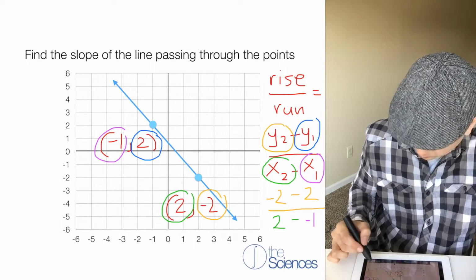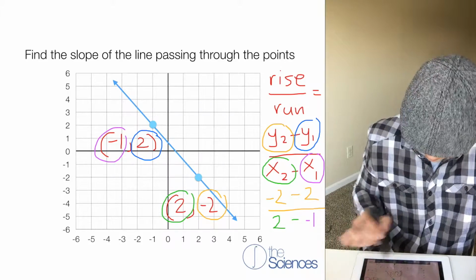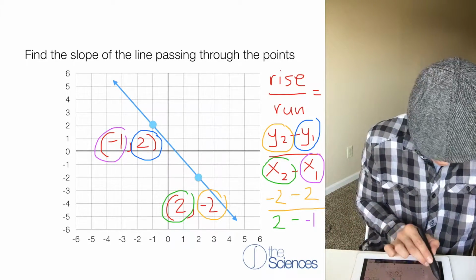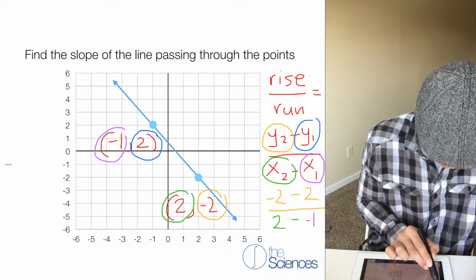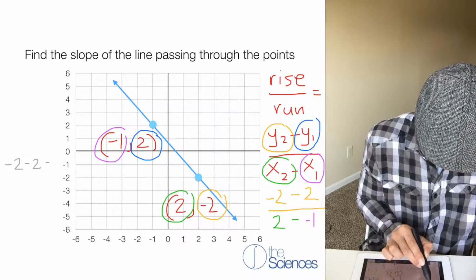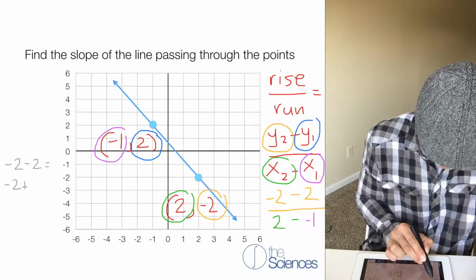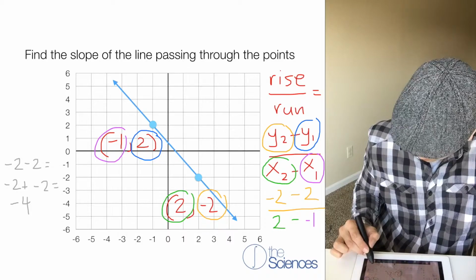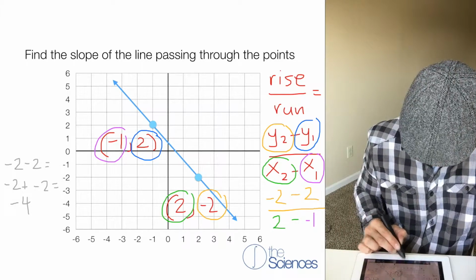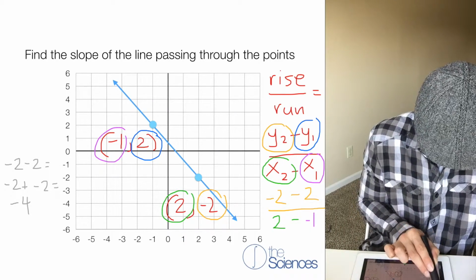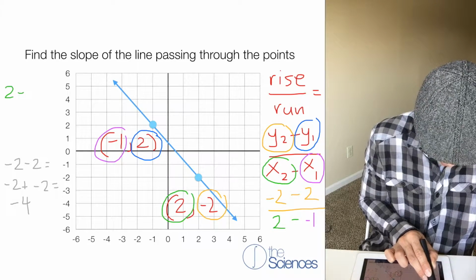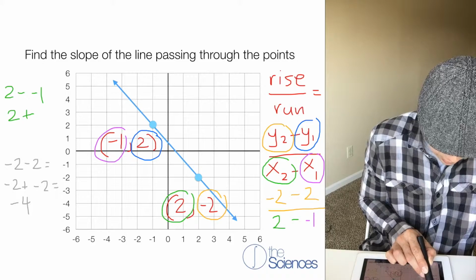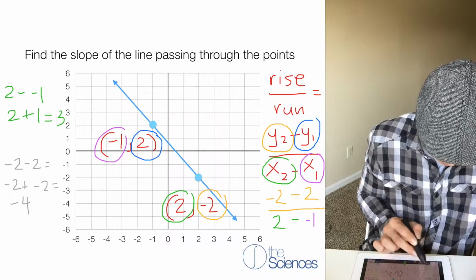So all we have to do is compute this. So -2 minus 2 equals -2 plus -2 equals -4. Now let's do the bottom. We have 2 minus -1, or 2 plus 1 equals 3.